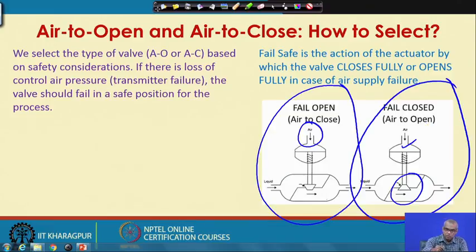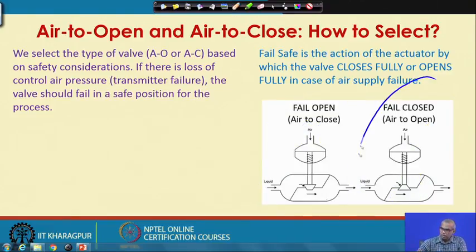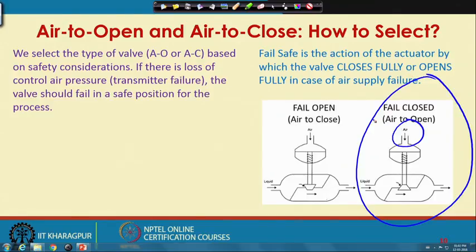So, this is an air to open control valve. Here, if there is a loss of air pressure, the valve will completely close. So, this is fail closed, because here you need air pressure to open the valve. So, this is fail open and this is fail closed.